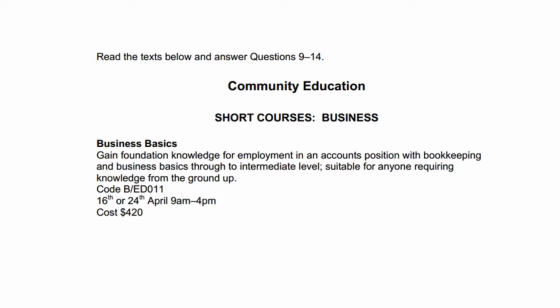So if we start reading from the beginning, it says, community education, short courses, business basics, gain foundation knowledge for employment in an accounts position with bookkeeping and business basics through to intermediate level, suitable for anyone requiring knowledge from the ground up. From the 16th or the 24th of April from 9 a.m. to 4 p.m. and the cost is $420.